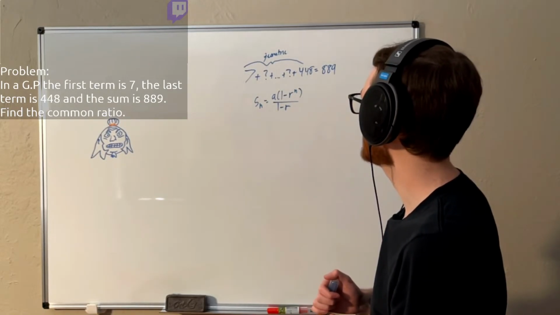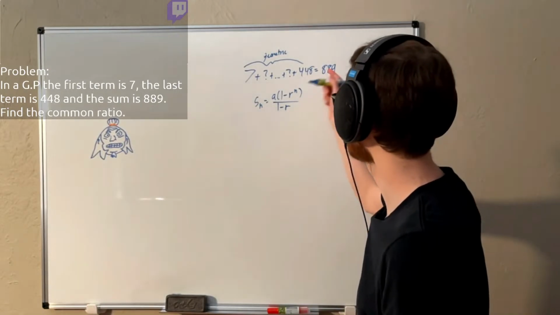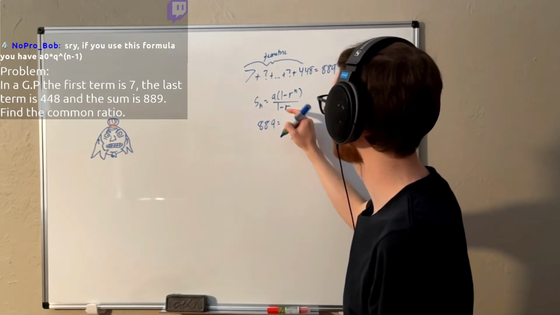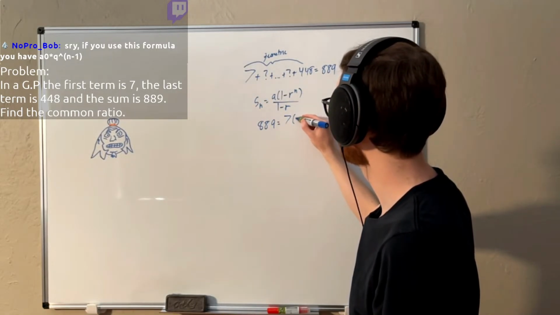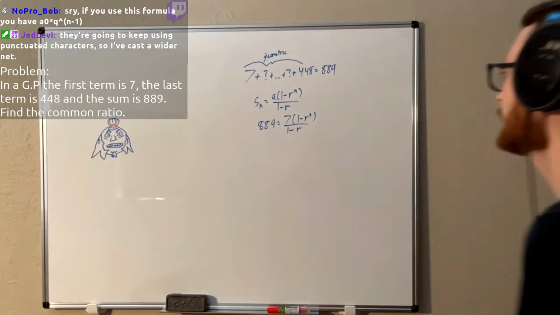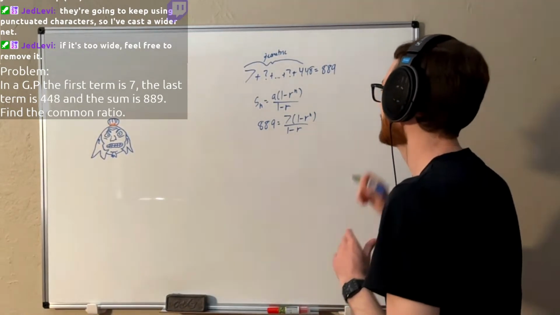So yeah, we don't know the n. Isn't that the issue? So we know the sum is 889. We know the first term a is 7, but we're stuck with one equation and two unknowns, aren't we? Oh wait, no, you're okay. I see what you mean now.